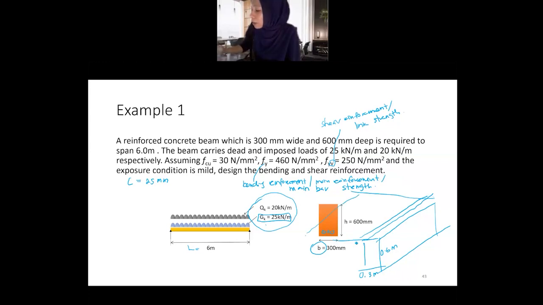Okay, slab ni duduk atas beam ni, dia transfer load sebanyak 25 kilonewton per meter. That load datang dari slab transfer ke beam.